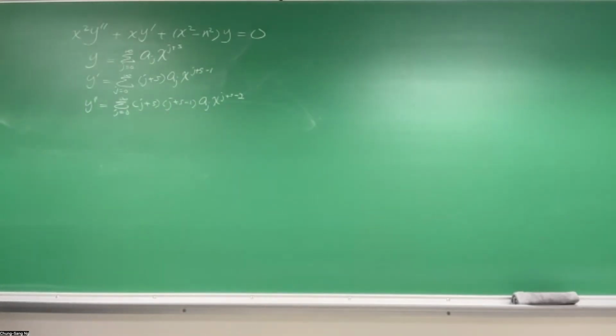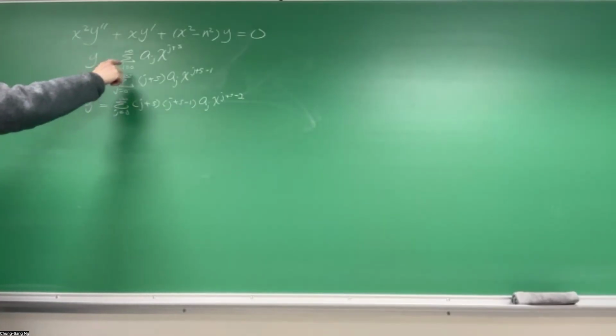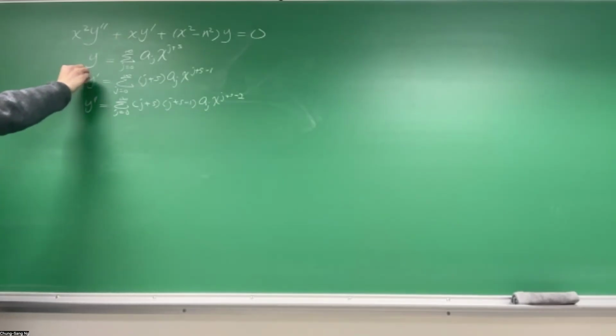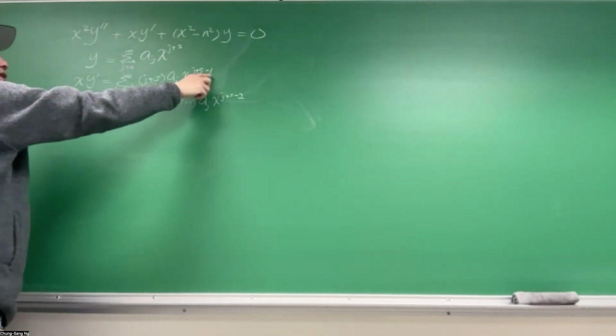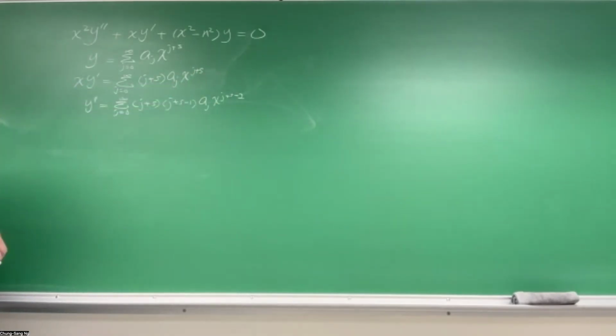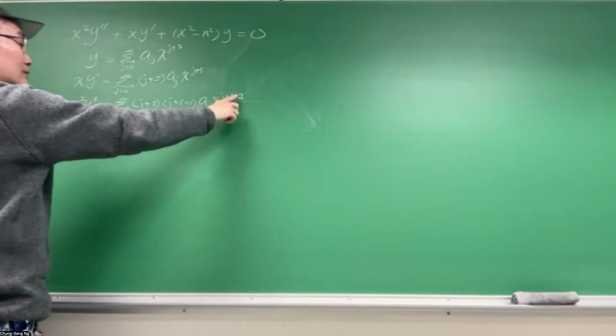Okay. So what we actually need is x times this and x squared times this. So we might as well now change the equation. x times y prime becomes trivial because all we need to do is get rid of this minus 1. And likewise, x squared times y double prime just gets rid of this minus 2.